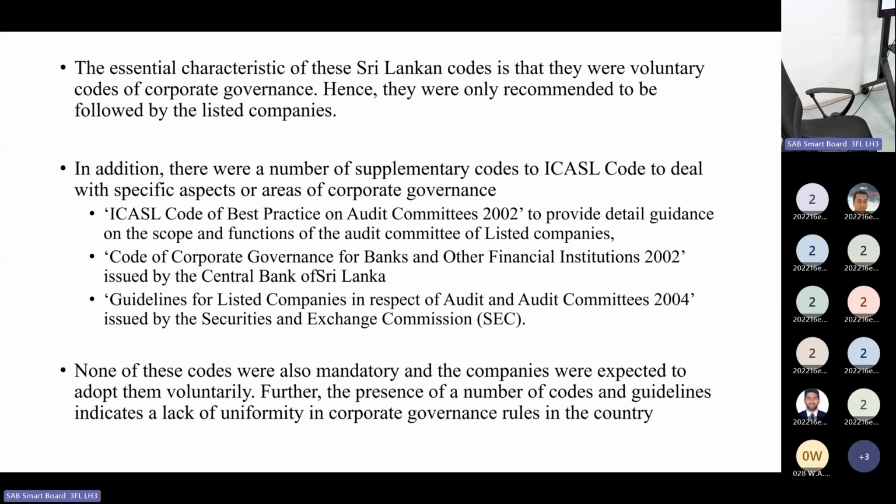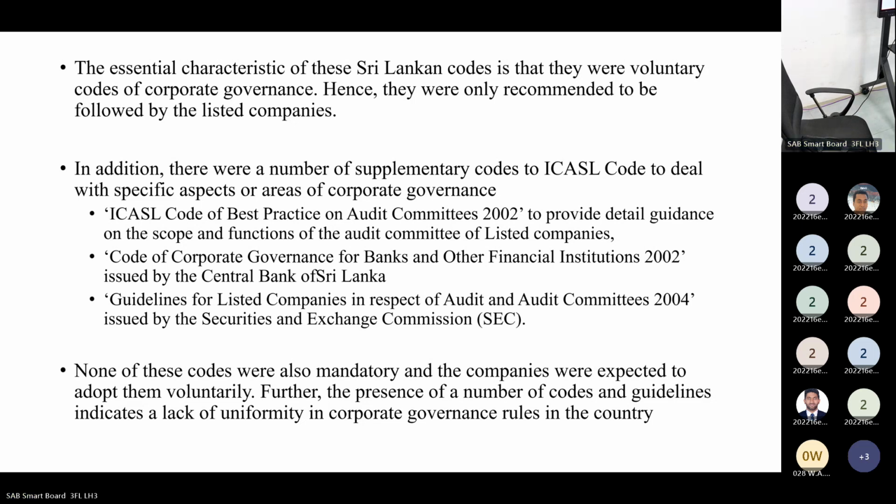Look at this. The essential characteristic of these Sri Lankan codes is that they were voluntary, not compulsory. Sri Lanka never introduced any rule-based corporate governance practice. It was always principle-based. They were only guidelines and not mandatory, so they were only recommended to be followed by listed companies.